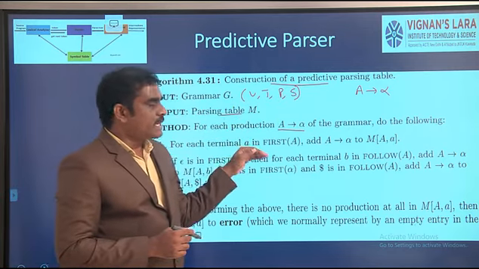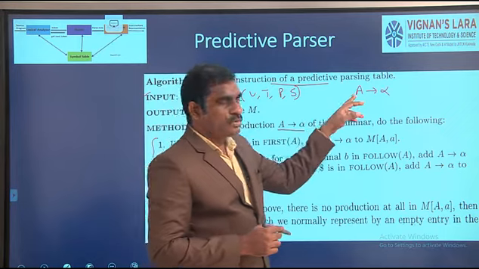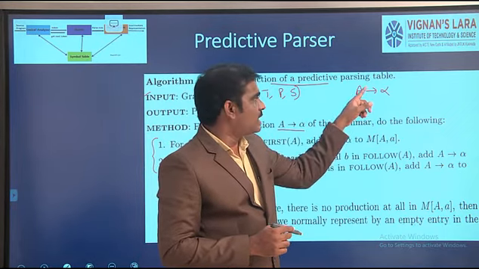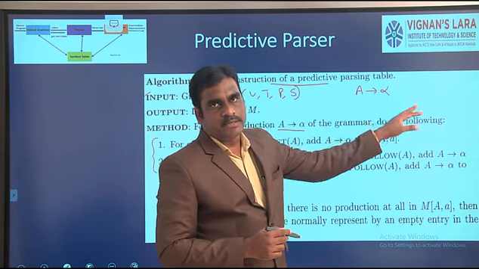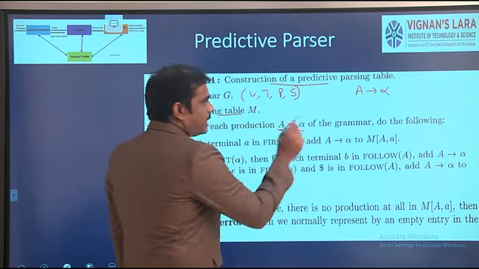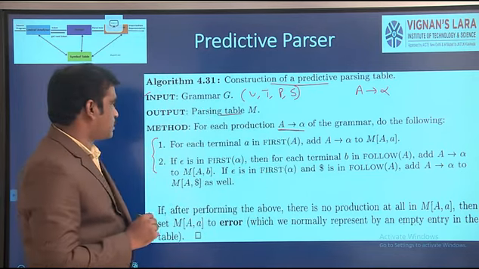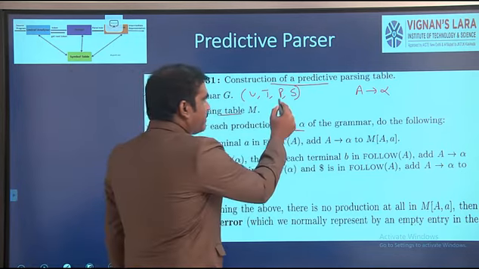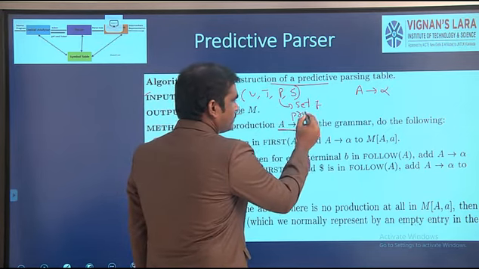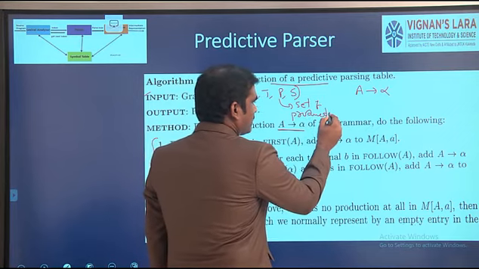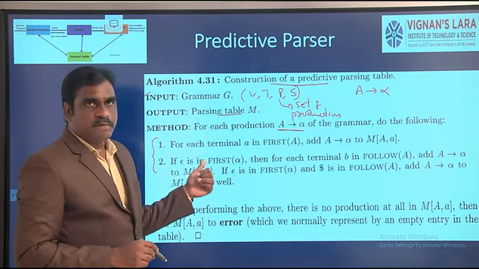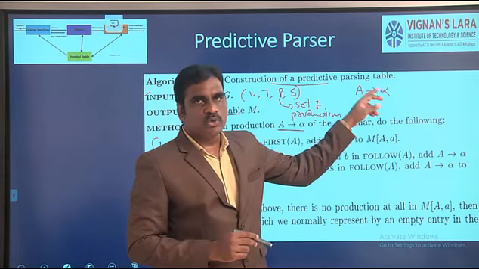Now we will compare each and every production with A to alpha. What is A? The production left hand side symbol, and alpha means the production right hand side of the symbols. So for each production A to alpha, P means the set of productions, this is the given grammar, and each and every production is compared to A to alpha.